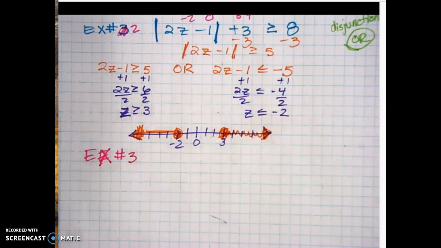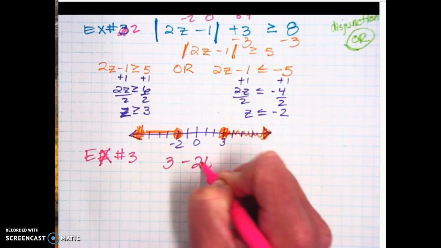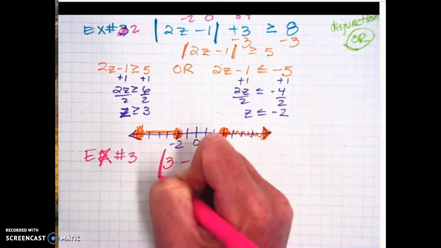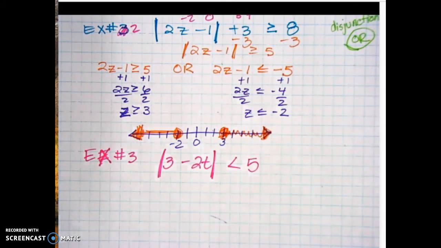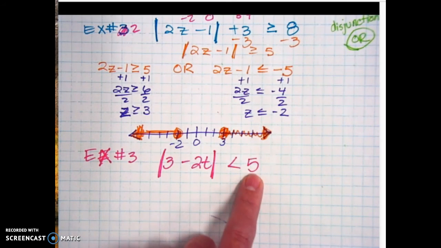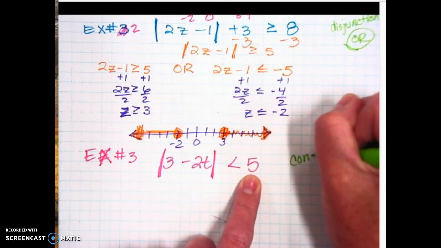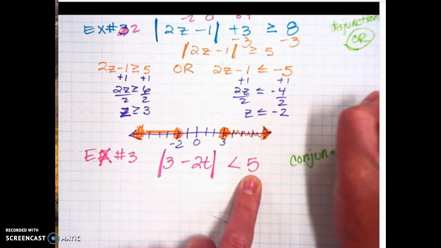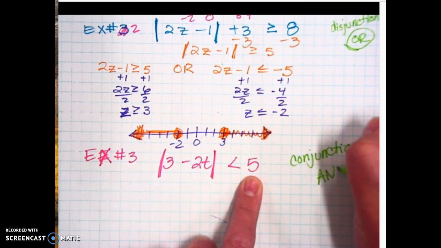All right, so example number 3. We're going to have the absolute value of 3 minus 2t less than 5. And this one, because the other one was a disjunction, this one's a conjunction, which means it's an and.